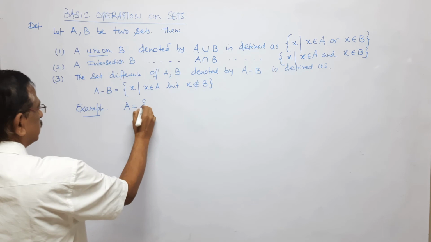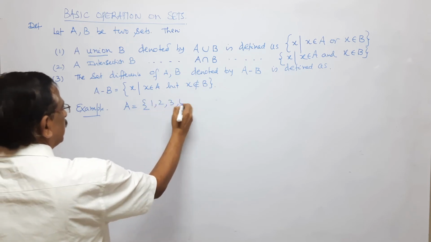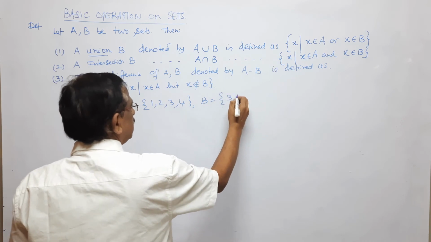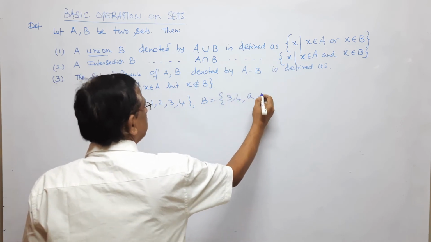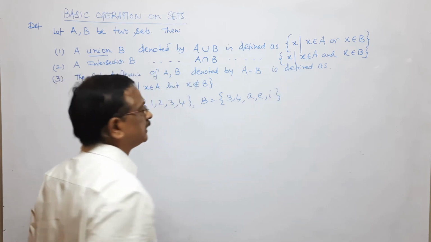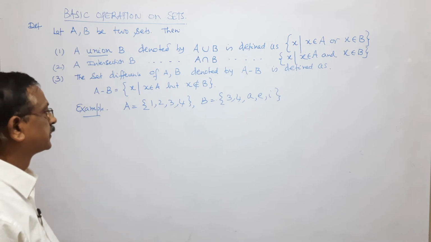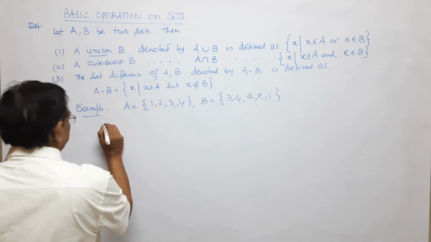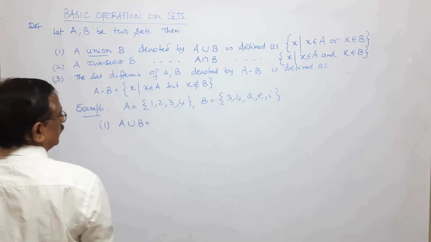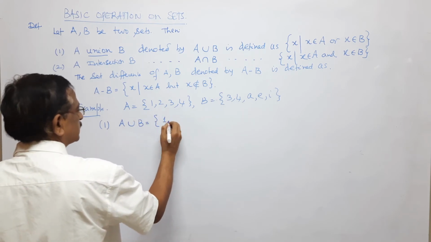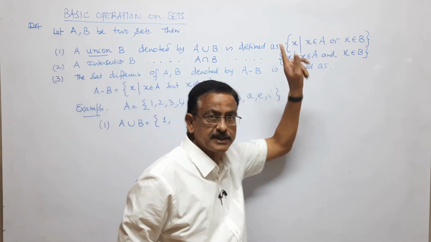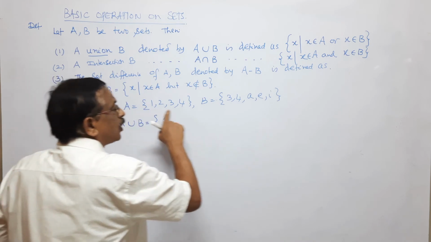Let A is equal to {1, 2, 3, 4}, B is equal to {3, 4, a, e, i}. Let me take these two sets. Now the first one, what I want to do is write down A union B. A union B is simply the set of all x such that x is in A or x is in B. That means I will list all the elements.